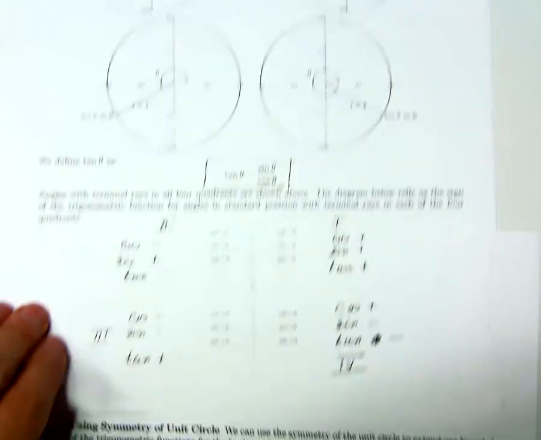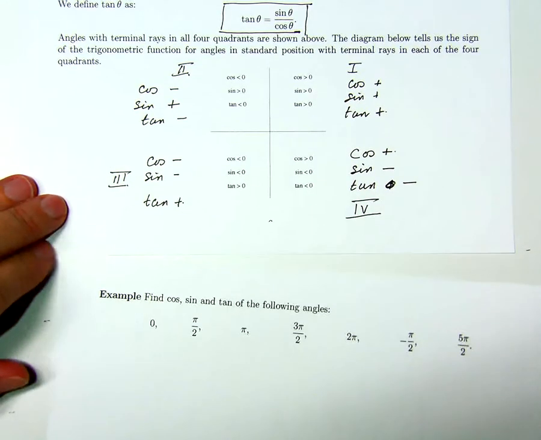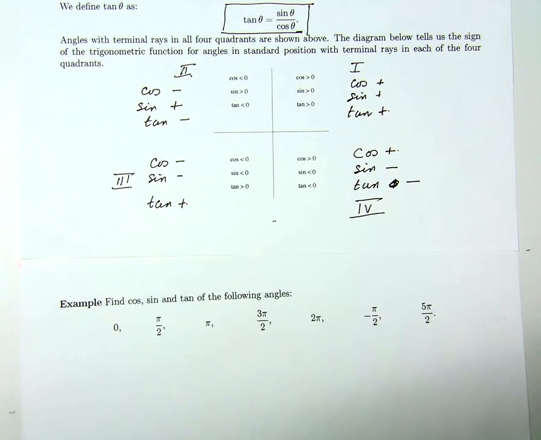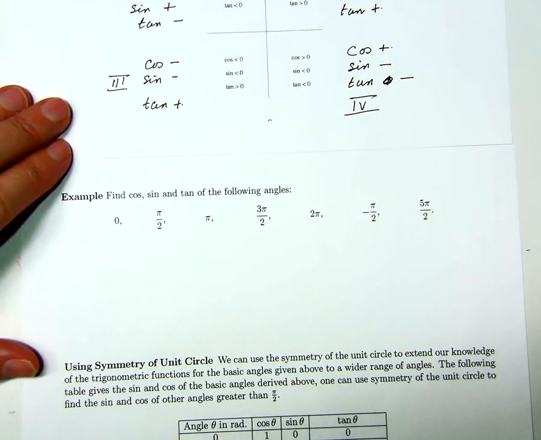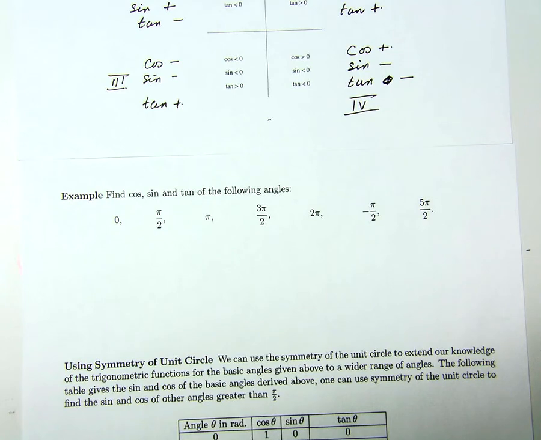So using this definition of sine and cosine, we can find the tangent of some basic angles, and all of the angles on this list have terminal side either on the x or the y-axis. So let's have a look at what's going on here.